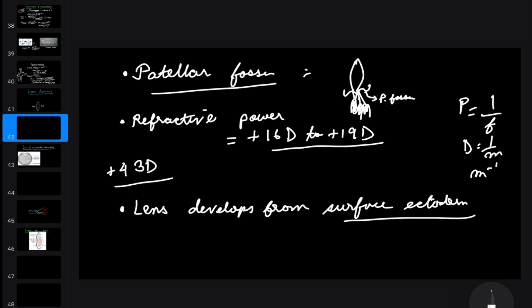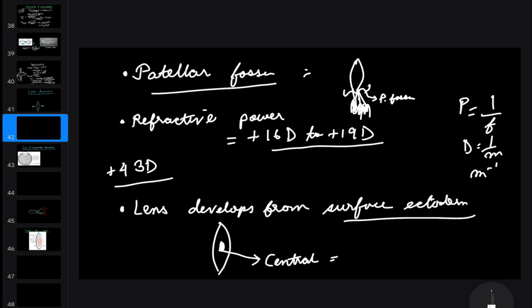Another interesting thing about the lens, if I can draw your attention to this, is that not everywhere within the lens has uniform power. This over here is the central part of the lens, and it has been found to have a higher refractive index, so it has more power than the peripheral part.